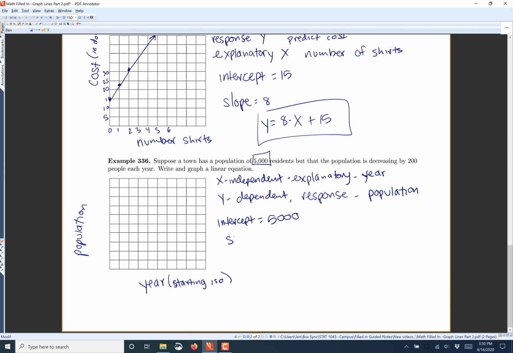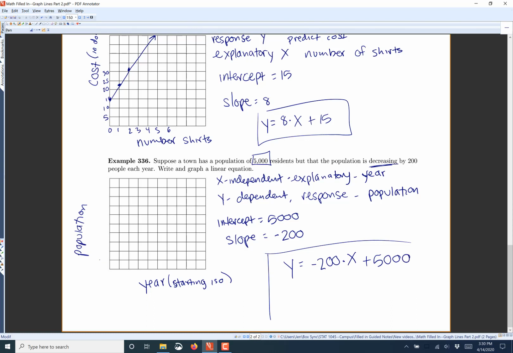And our slope is every year it's decreasing. So our slope is going to be negative 200 because every year it goes down. Then y is going to be equal to negative 200 times x plus 5,000.